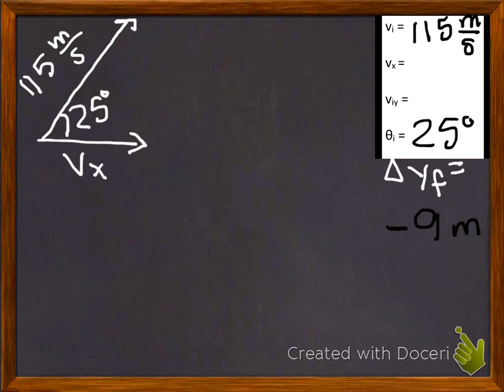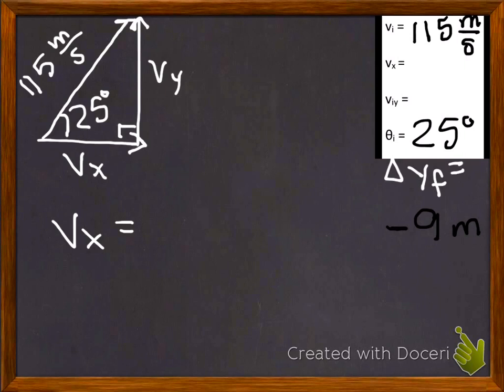So let's figure out what is this Vx, this horizontal component, and the Vy, what's the vertical component. So if you look, all we have here is a right triangle. Horizontal and vertical are always going to meet at 90 degrees. So we have to bust out our trig functions for this one if we want to find Vx.